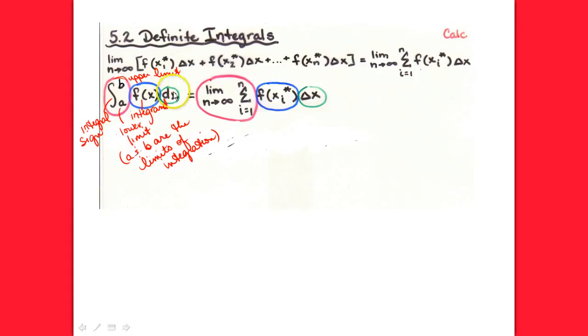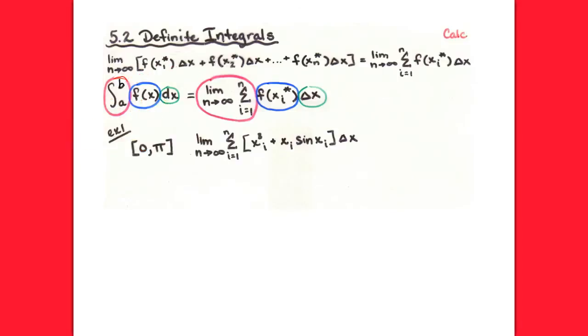But in essence, this dx goes along with our integral sign. This is also called a Riemann sum, named after Bernhard Riemann, a mathematician and scientist. But anytime they ask me to do a left endpoint, a right endpoint, midpoint, or they say find a Riemann sum, it's the same thing.